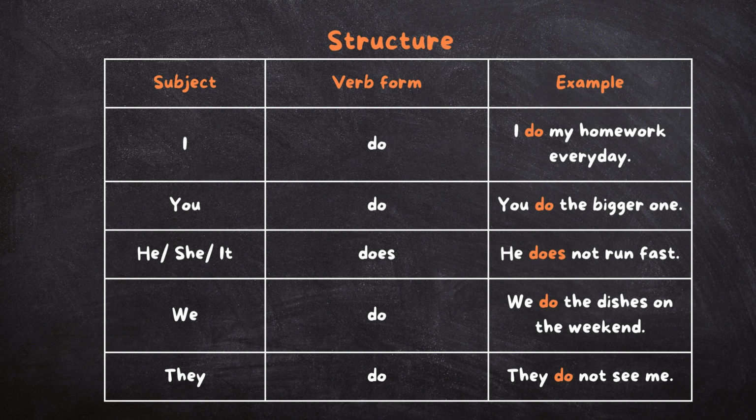The subject I also takes the verb form do. So for I and the plural subject, we use do. And for the singular subject, we add an es to the base form of the verb to do to give us does. So he does, she does, it does. But I do, you do, we do, they do.